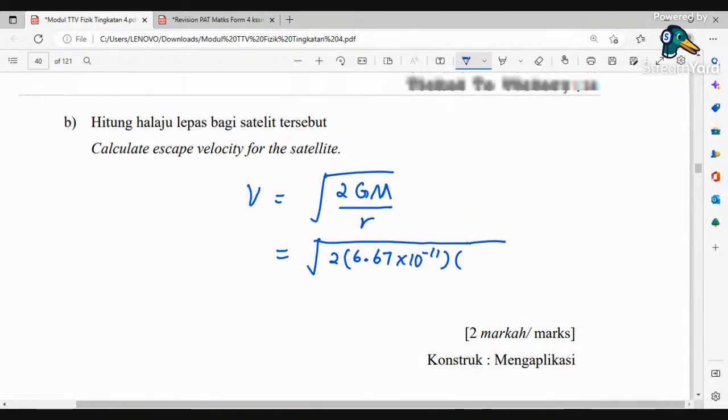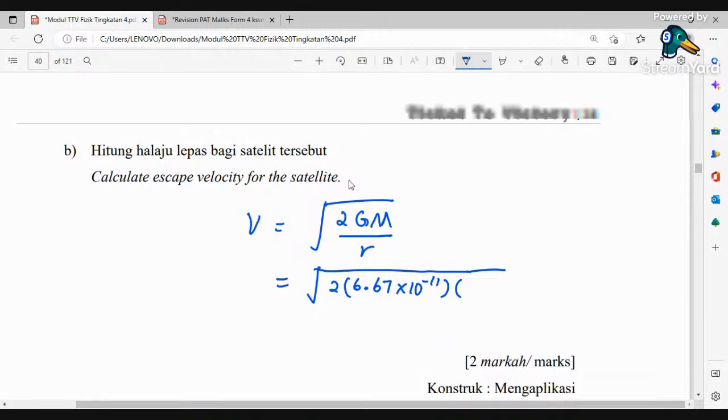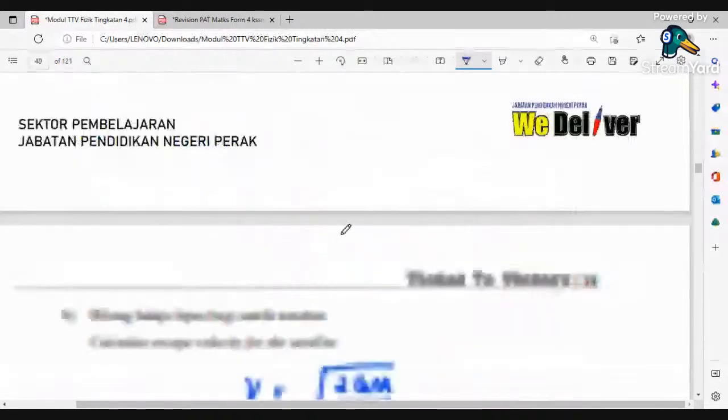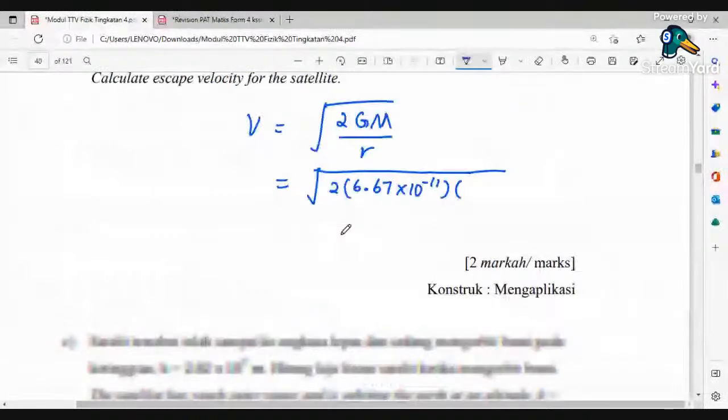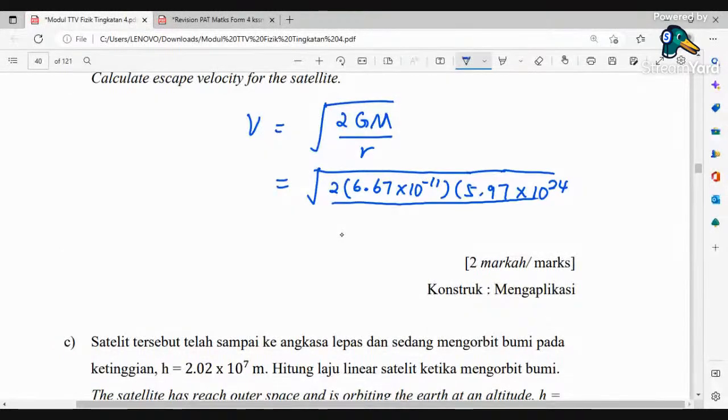Mass of Earth, 5.97 times 10 power 24. Divide by R.